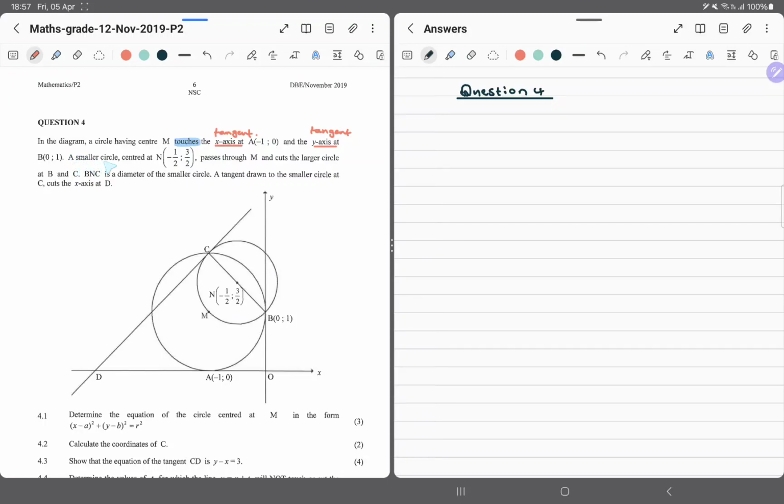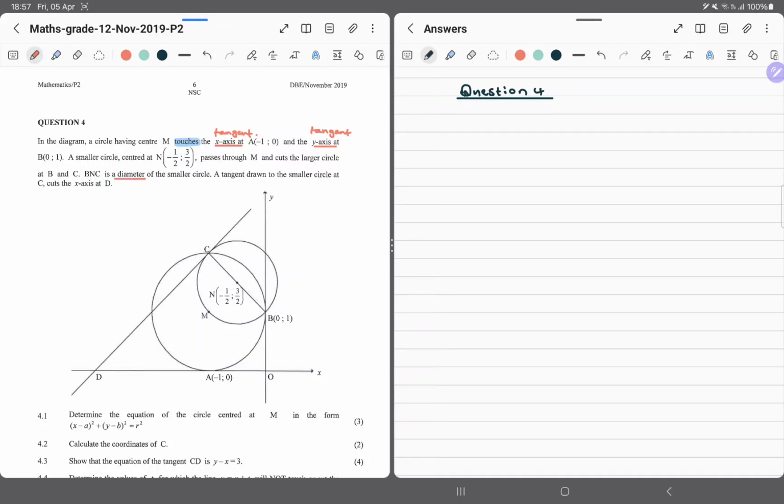And then we are told a smaller circle centered at N with coordinates (-1/2; 3/2) passes through M, meaning the center of the other circle is literally on the circumference of the smaller circle, and cuts the larger circle at B and C. And we can see that. Now BC is a diameter.